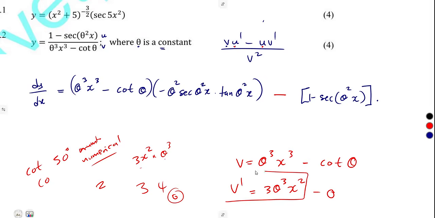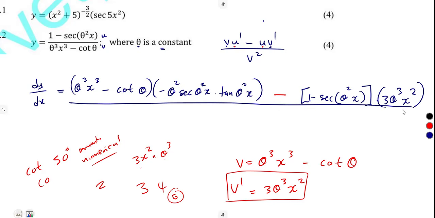So that here is simply going to be the first derivative of what? Of v, which is 3 cosec cubed x squared, like that. So that is what you're simply going to have. So that's the first derivative of v. Everything that we are having here is over v squared.